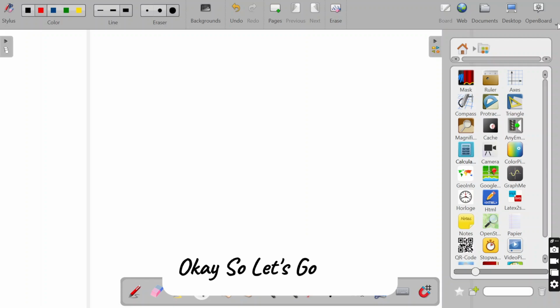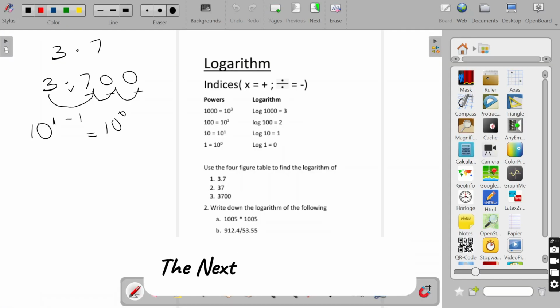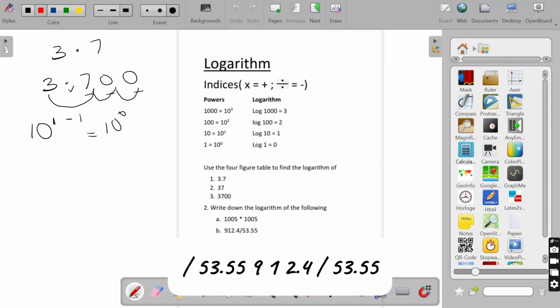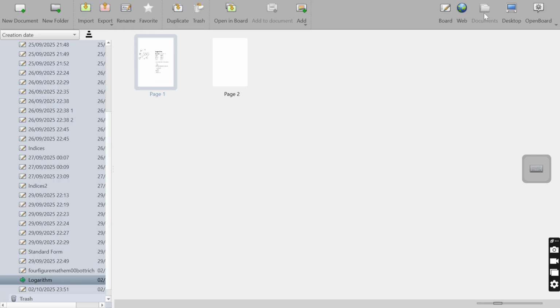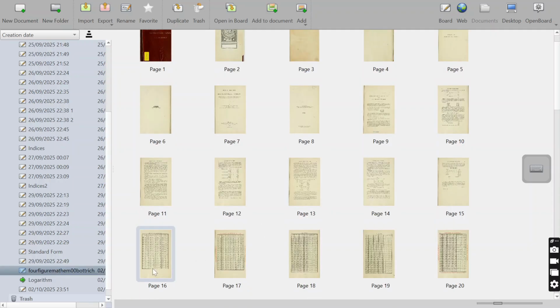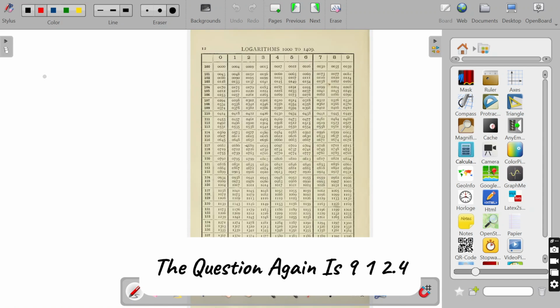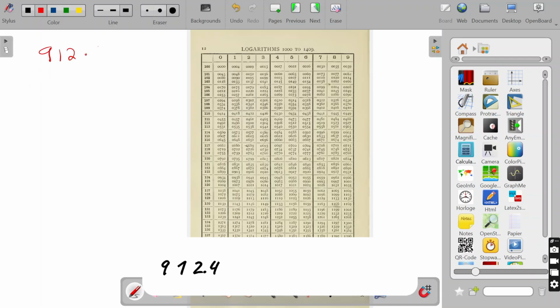Okay, so let's go into it. The next question is 912.4 divided by 53.55. So let's bring our four-figure table in. The question again is 912.4 divided by 53.55.